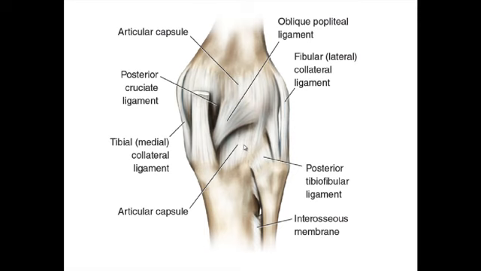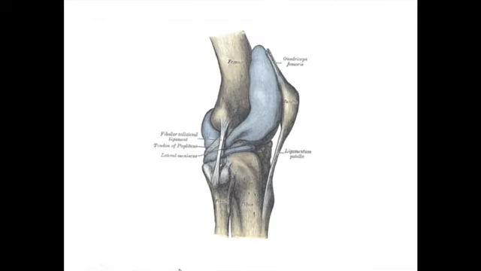Medially and laterally, the capsule begins proximally above the femoral condyles and inserts into the margins of the tibial condyles. So it comes all the way down and attaches along the tibial condyles.